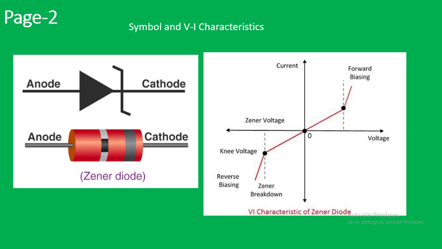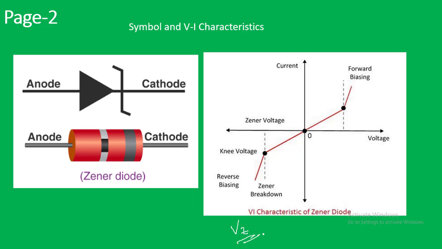At a particular voltage, which you can see here, denoted as the knee voltage, the breakdown occurs, and it is denoted as Vz, indicating that it is the Zener voltage.